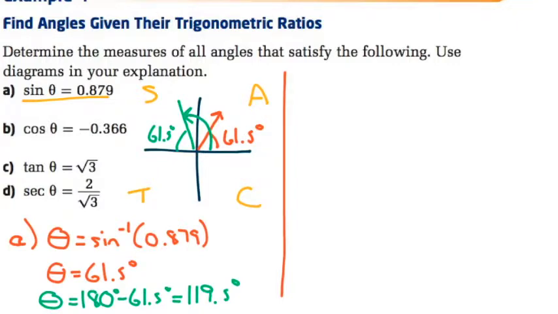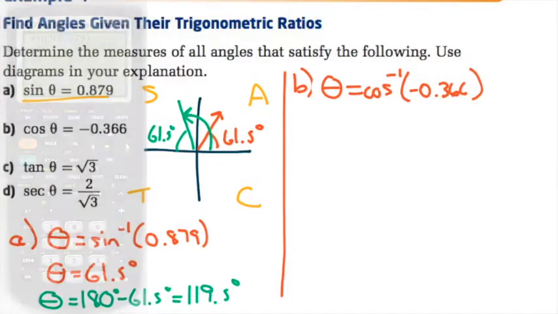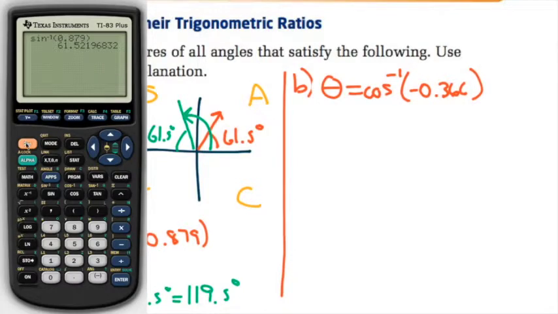B is going to function very similar. This time we'll need to do cosine. So this time theta will equal cosine to the minus 1 of negative 0.366. Put that into the calculator. Second cosine, negative 0.366.